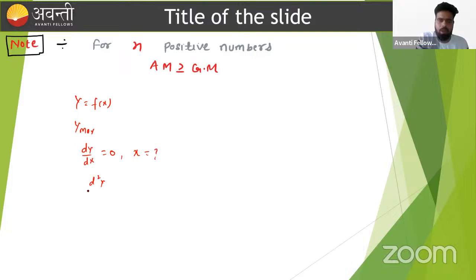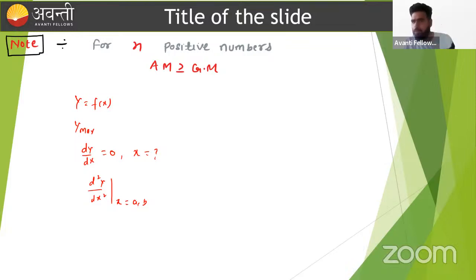Then again we have to find d2y upon dx square, put in the critical points, say a and b, and check whether the double derivative is negative or positive. On the basis of the double derivative test, if the double derivative is negative, then the function is maximum at that critical point, and vice versa for the minimum.